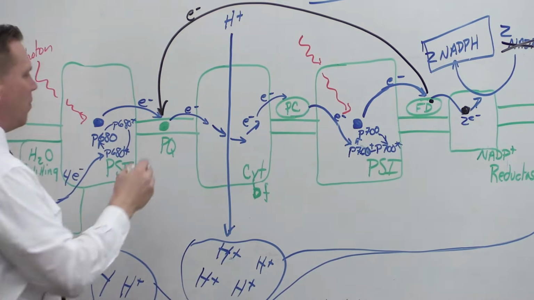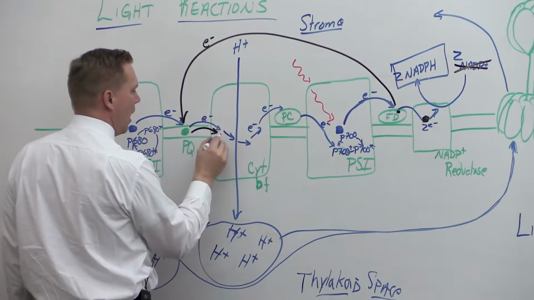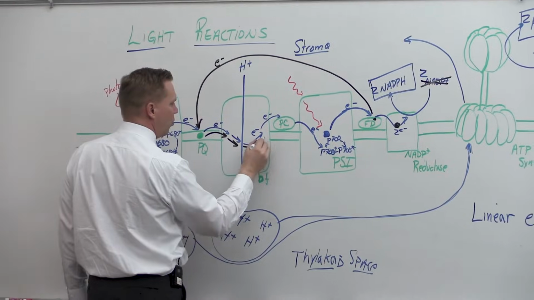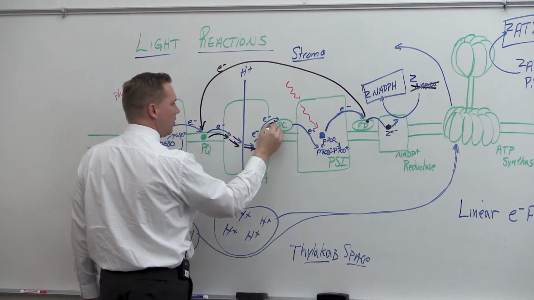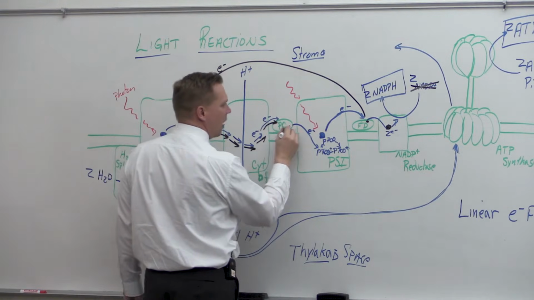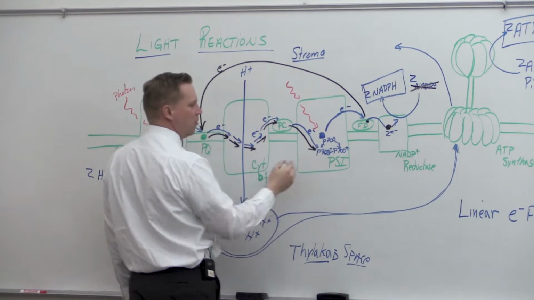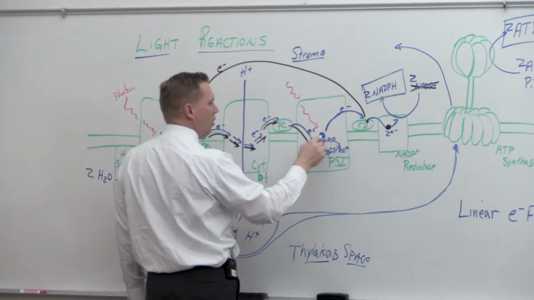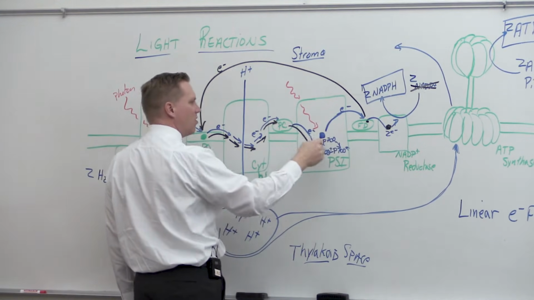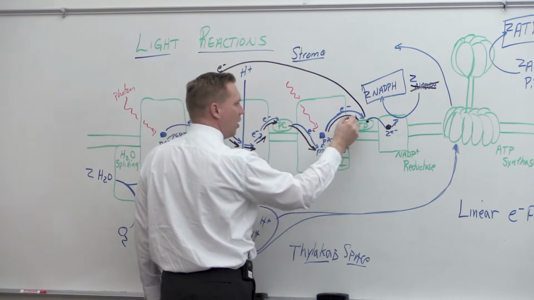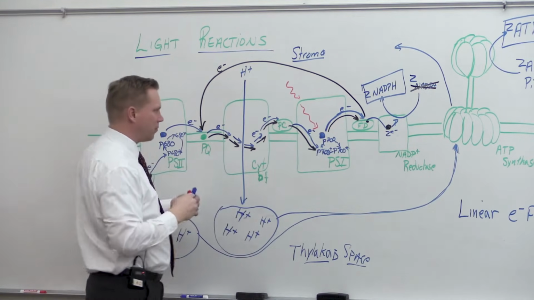Now, if it donates to plastoquinone, same thing happens. We're going to go through here and donate the electrons to plastocyanin. Plastocyanin donates them to P700 plus. We go through the P700 cycle, and we get an electron, goes back to ferredoxin.